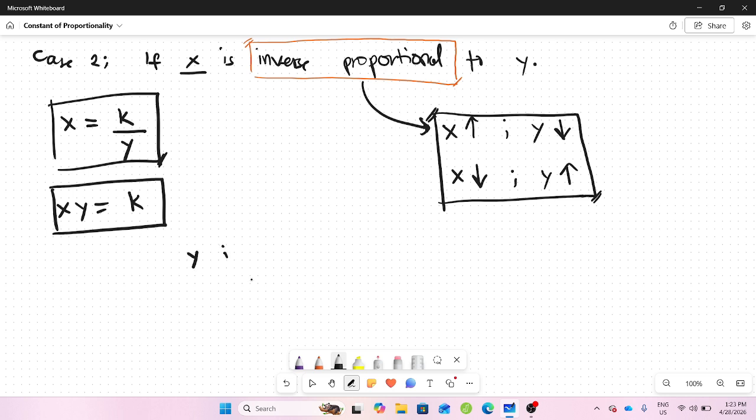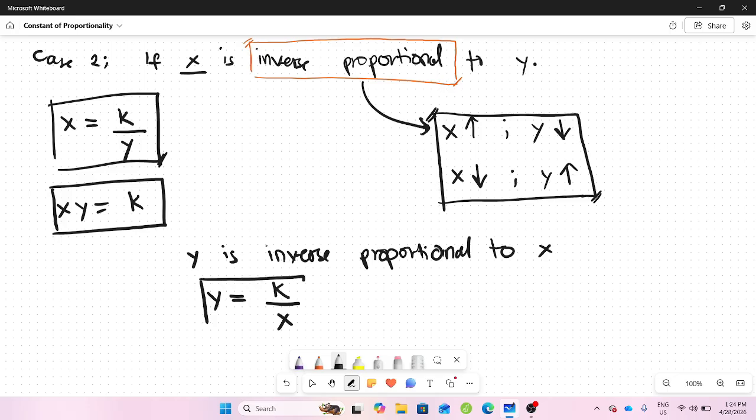We would say y is inversely proportional to x. This would mean that y equals the constant over x.